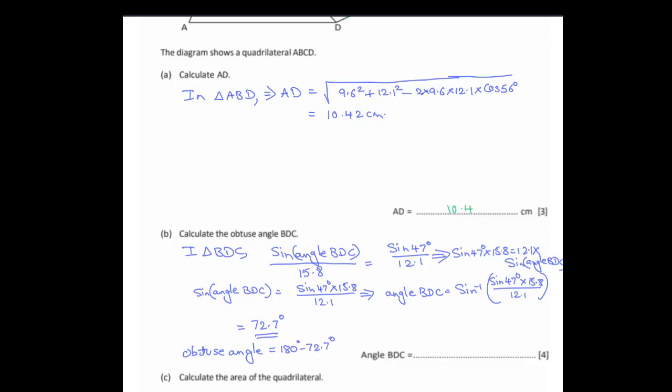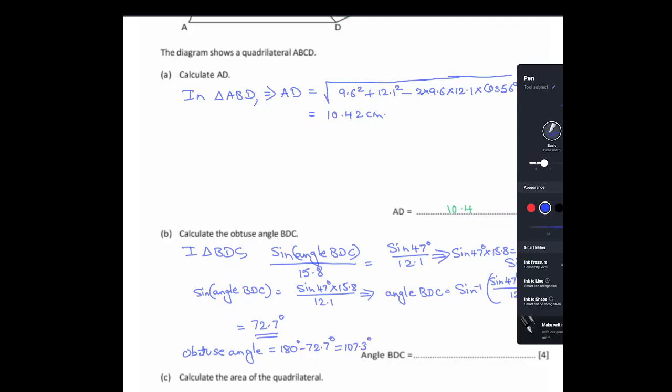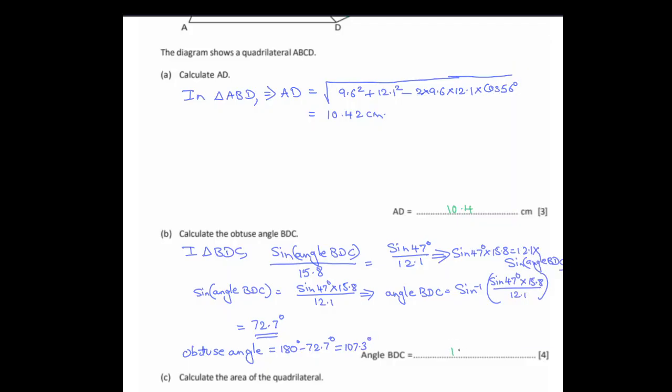Find out 180 minus 72.7, 107.3. So our answer is 107.3.